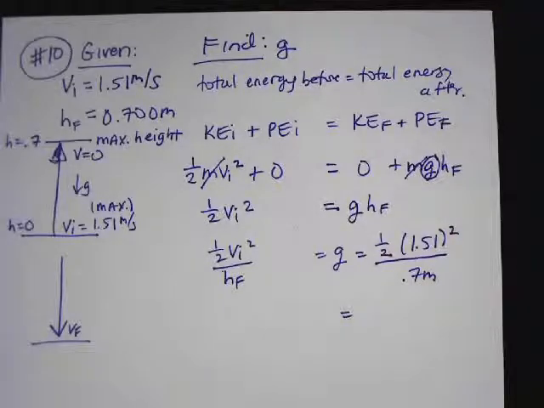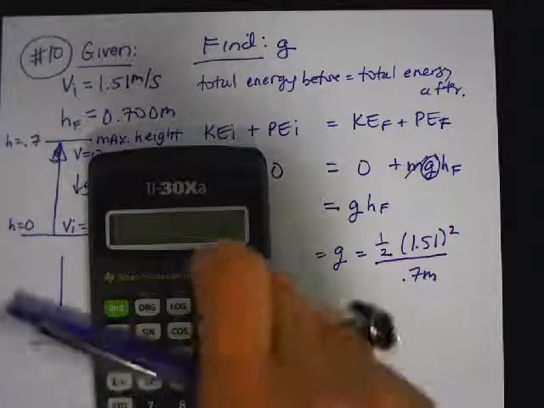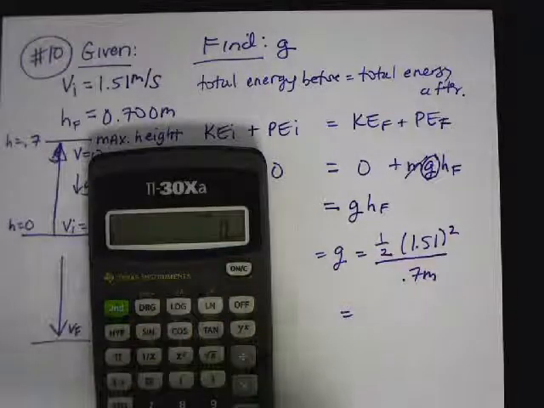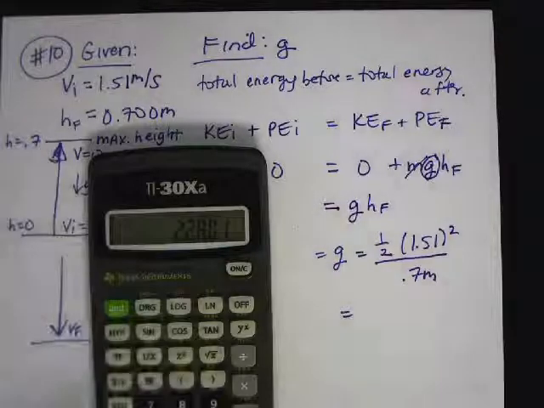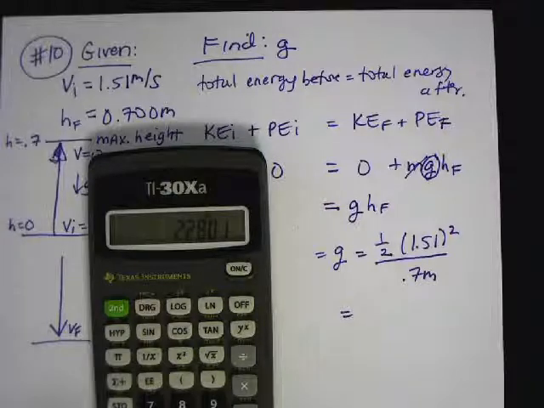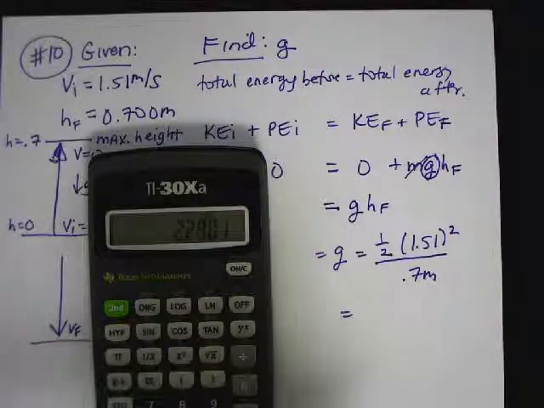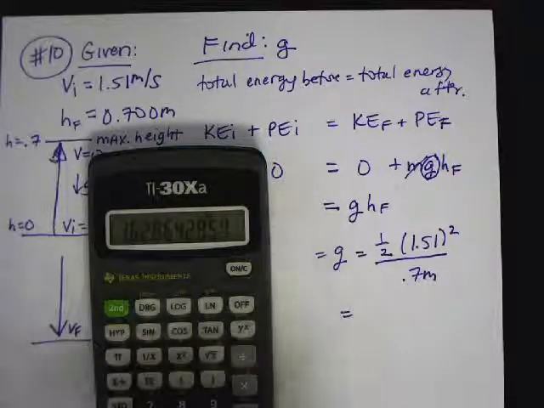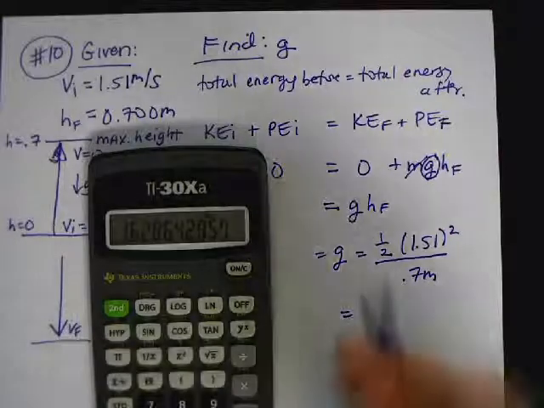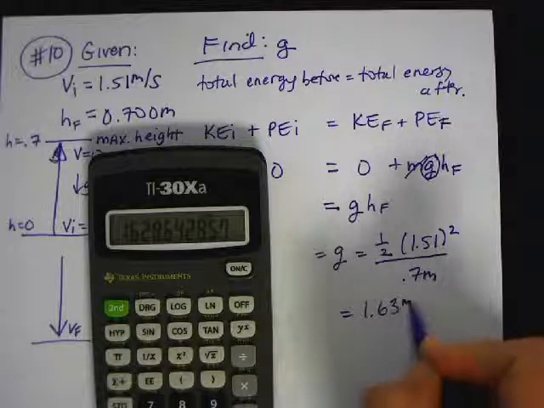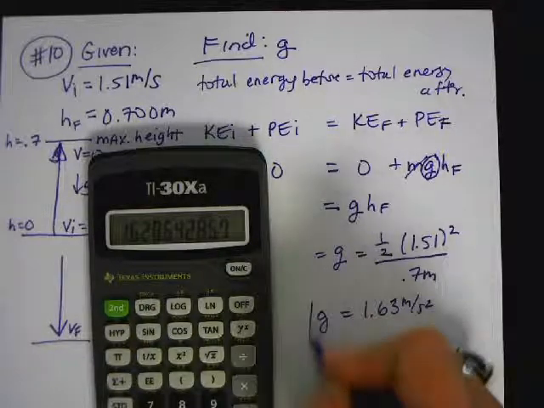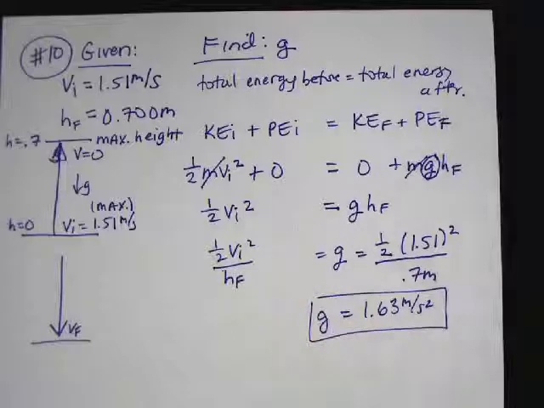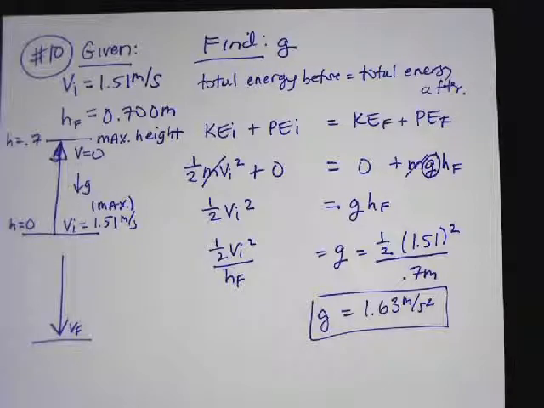So now when I take out my calculator, 1.51 squared times 0.5 divided by 0.7, 1.63. And that is 1/6 of 9.8. So that's the acceleration due to gravity on the moon. Okay?